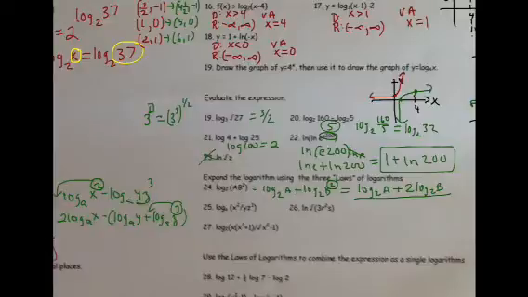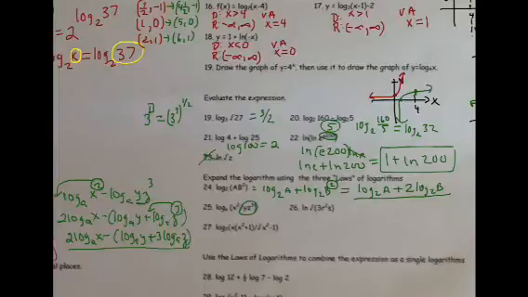So the final answer for number 25 would be 2 log base A of x minus log base A of y. Notice I put parentheses because I'm keeping the denominator together, plus 3 log base A of z. If you want, you could distribute the negative to get rid of the parentheses, but it's also okay to leave it like that.